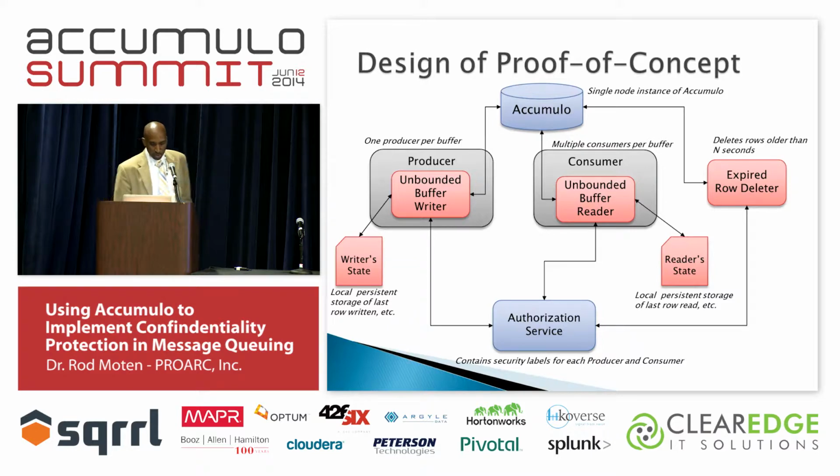A producer also has some state, which we use for fault tolerance. Let's say the producer crashed and it intended to write 100 columns, but it only wrote 50. We don't want it to start at row A, all A's again. We want it to start at the 50th one, so it writes out the ID of the last row that was written to the buffer.